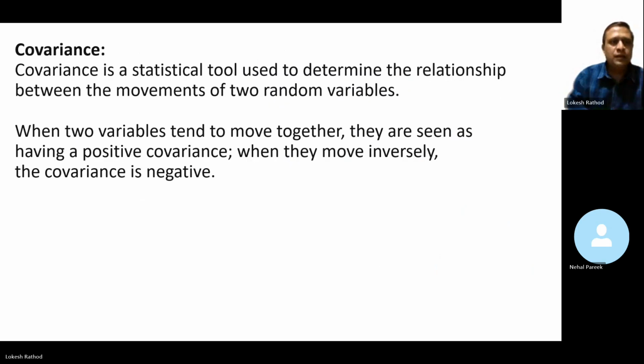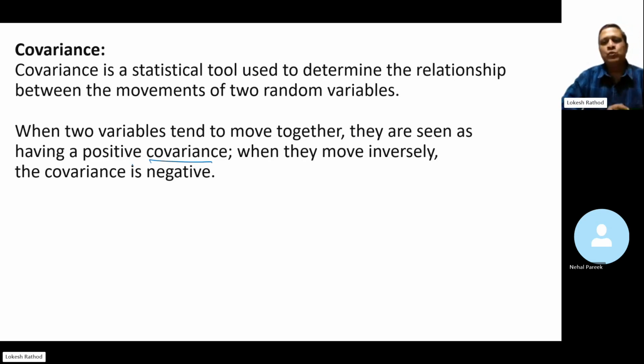Now, the next concept is covariance. Covariance is a tool used to determine the relationship between the movement of two random variables, x and y. When two variables tend to move together, we can say they have positive covariance.